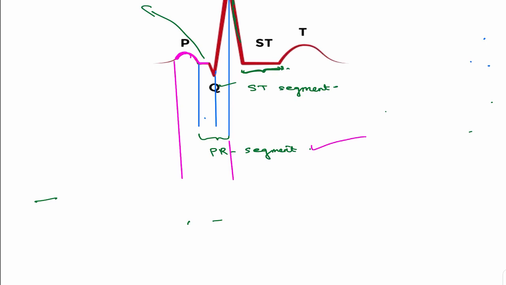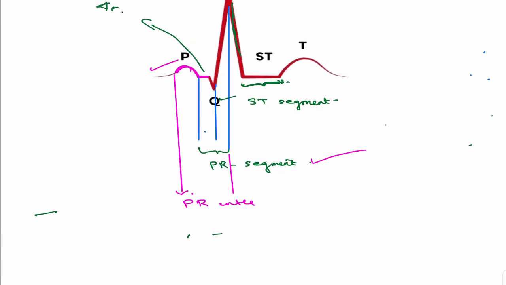That is the PR interval. It goes from the beginning of the P wave till the beginning of the R wave, because, as I told you, the Q wave is very small and usually we won't see it. I hope you got what I meant here.